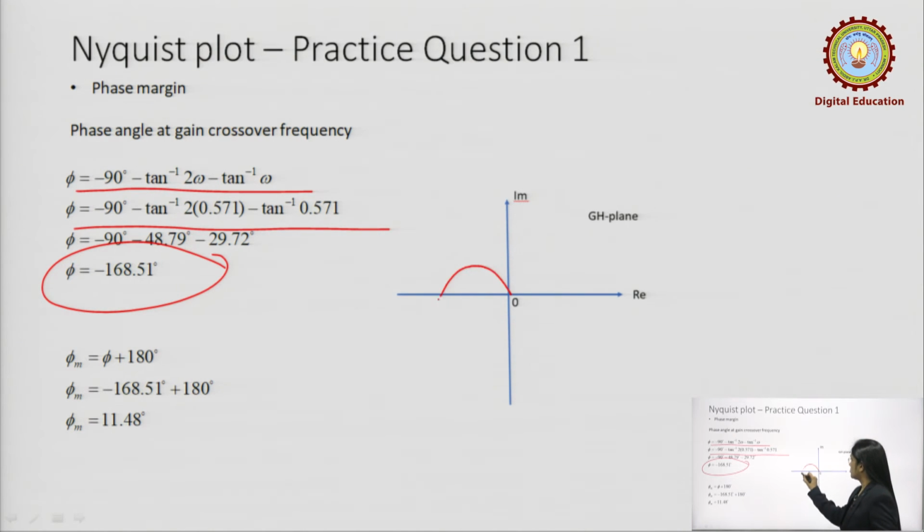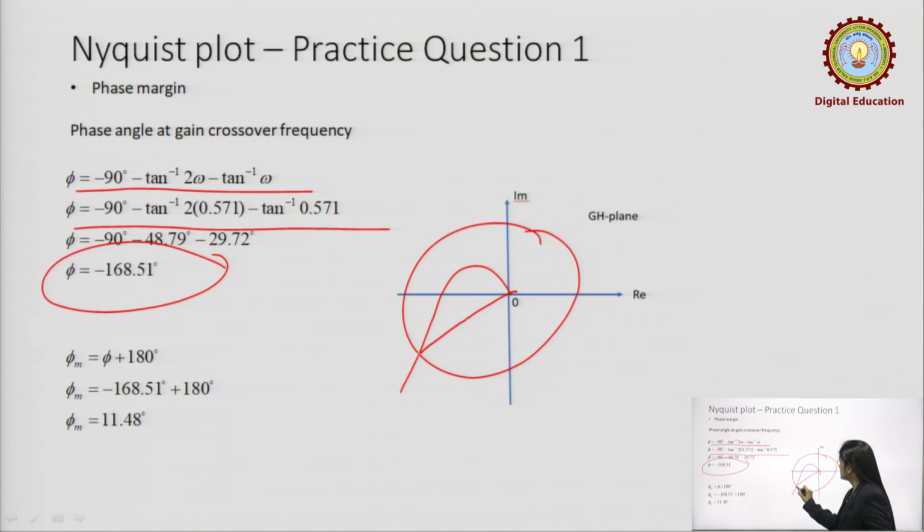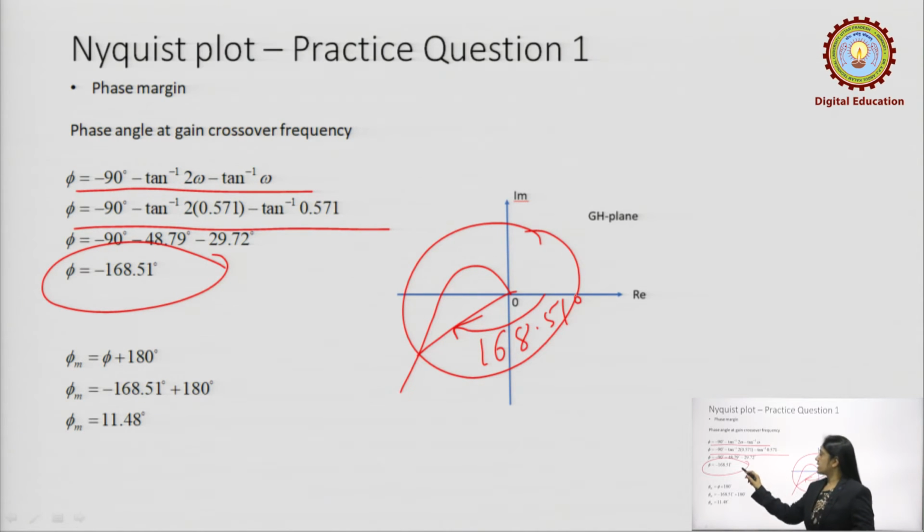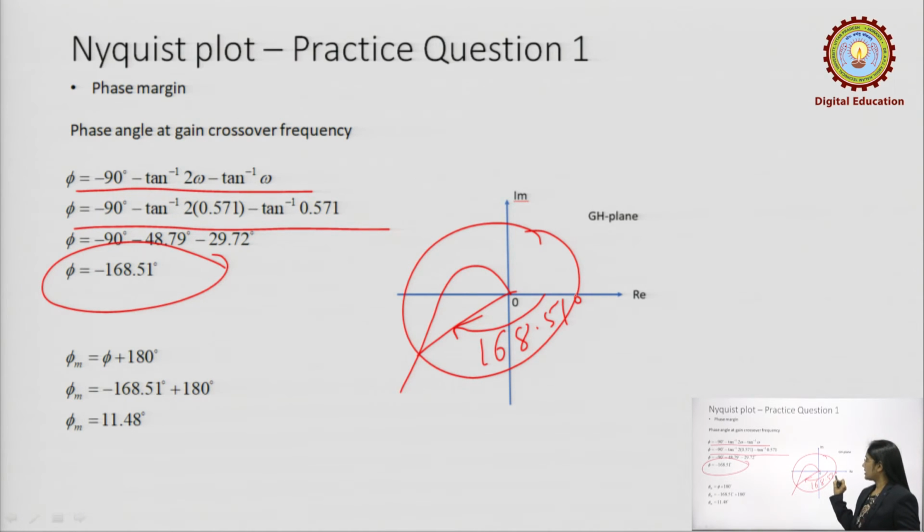In the polar plot we had drawn, this is the unit radius circle, and this is the phase angle obtained, minus 168.51 degrees, measured from the positive real axis in this direction.